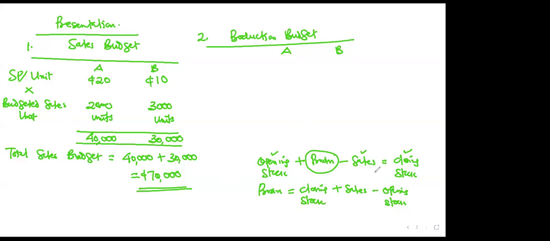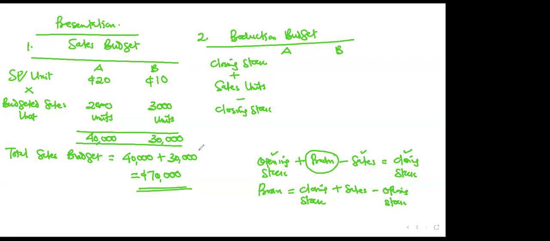As simple as that. So all that matters is that you put the closing stock of finished goods down, then plus you add the sales units, then minus the opening stock. And this will give you your production. So do you see that if you know these strategies, now your budget can move very quickly?